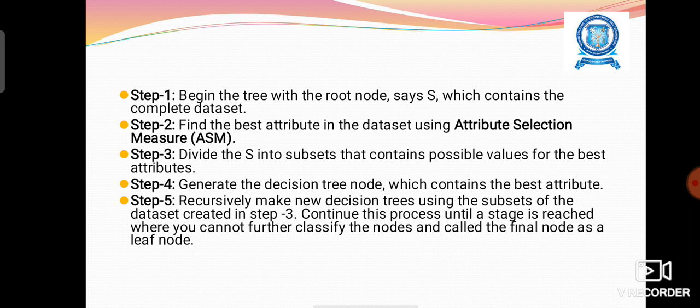Then in step 4, it will generate the decision tree node which contains the best attribute. In step 5, it will do this sequence of steps recursively, making new decision trees using the subsets of the data set created in step 3. Continue this process until a stage is reached where you cannot further classify the nodes, and call the final node the leaf node.